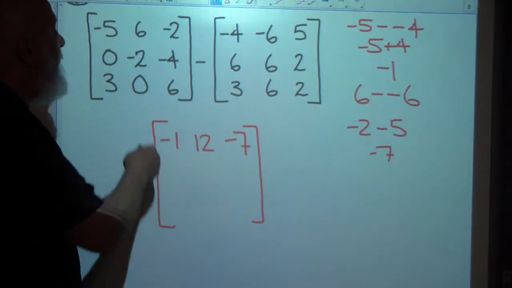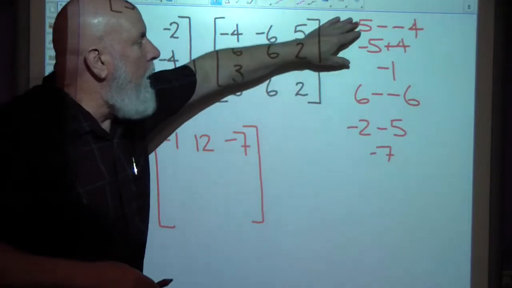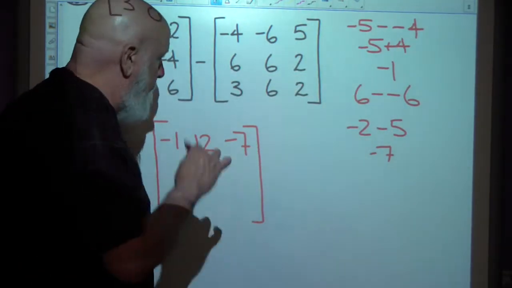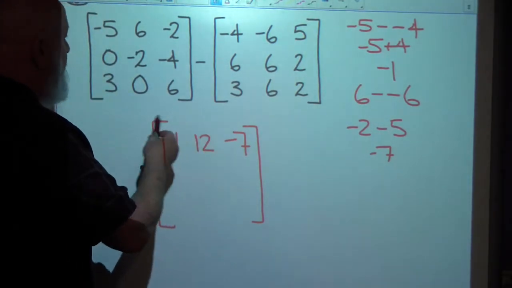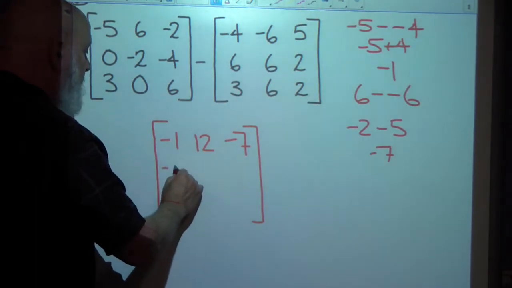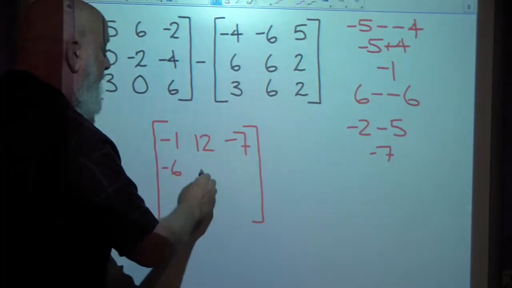I'm going to do the same thing for the rest of them. I'm going to subtract the corresponding elements, but I'm not going to bother showing the arithmetic over here. I'm going to be doing it in my head, so save a little bit of time and space. 0 minus 6 is negative 6. Negative 2 minus 6 is negative 8.